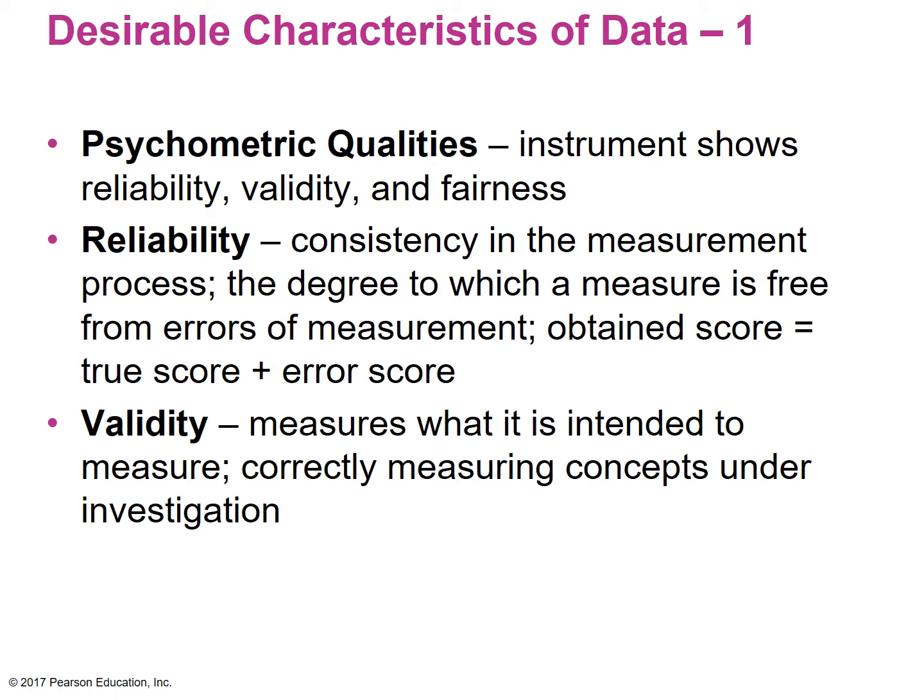Now, what are the things that we're going to consider? Reliability and validity are really what we're interested in. The fairness basically is addressing whether or not there is bias built into your instrument.